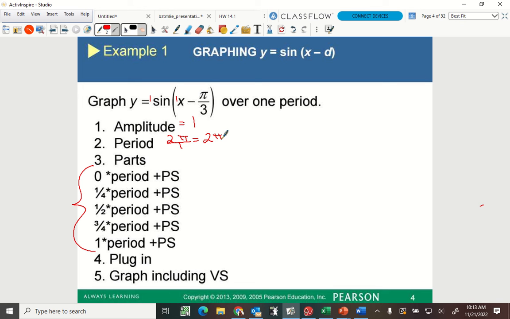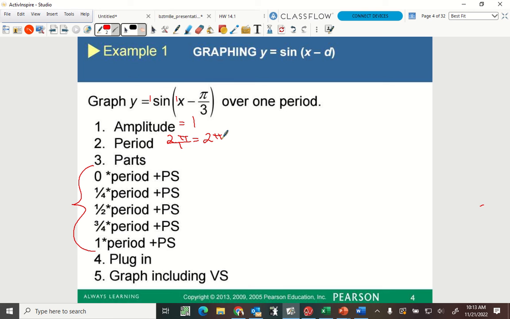Now, phase shift. PS is my phase shift. I'm adding my phase shift there, so I have to figure out what it is. What is this one doing here? Going to the right, pi over 3, I guess.